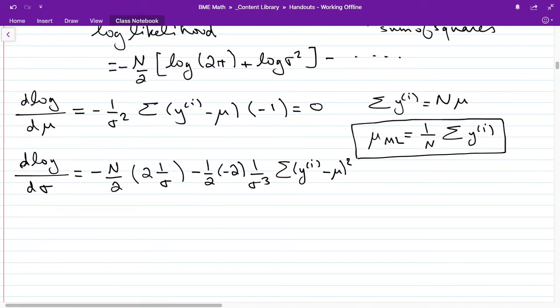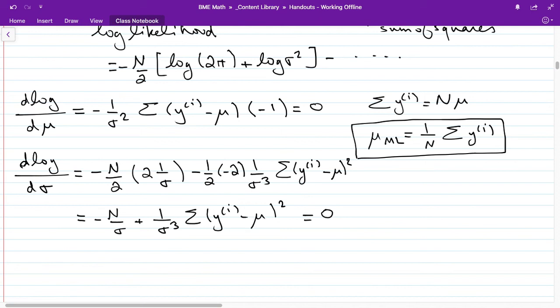So let's simplify this a little bit. I get minus n over sigma plus 1 over sigma cubed times the sum. I set that equal to 0, and I solve for sigma squared.